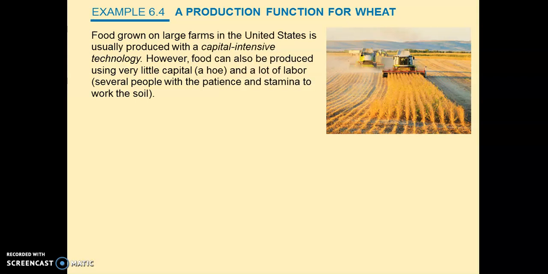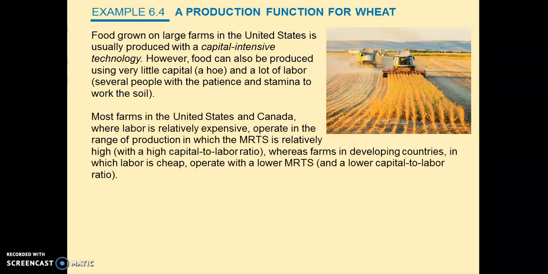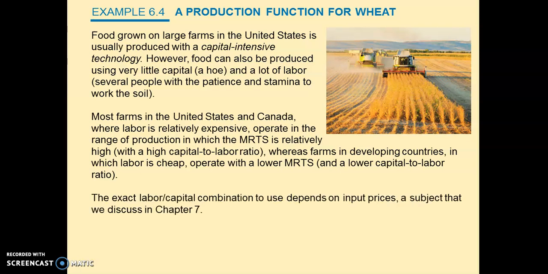Now here we have an example, 6.4. Again, please go through it for knowledge enrichment purposes, and it is about the production of wheat. So please read through the example, and it presents a nice practical example to work through. But very briefly, you can see that with wheat farming, production technologies can either be capital intensive or it can be labor intensive.